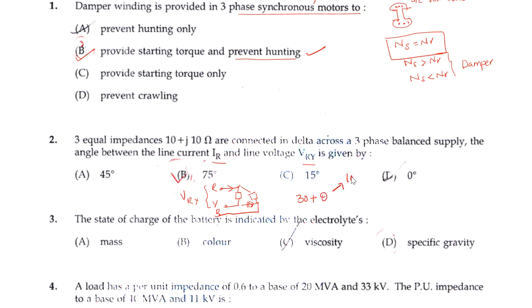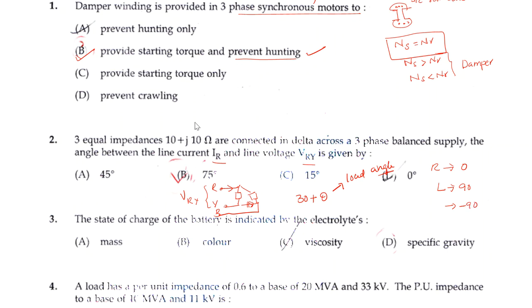Theta is nothing but the load angle. For a pure resistive load, this angle will be equal to 0. For a pure inductive load, this value will be 90 degrees. For a pure capacitive load, it is going to be minus 90 degrees.